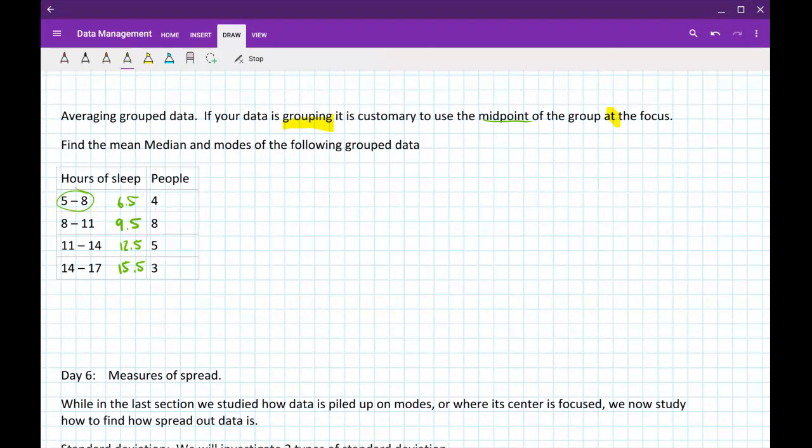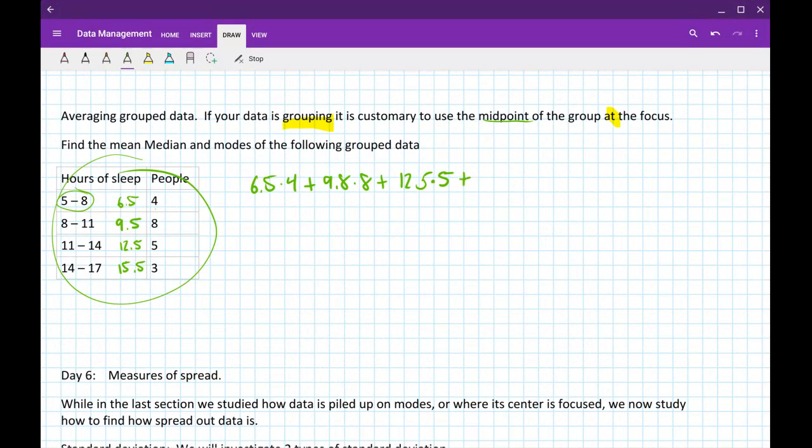So if I want to average my total average sleep for this entire group of people, it's going to be 6.5 times 4, plus 9.5 times 8, plus 12.5 times 5, plus 15.5 times 3.